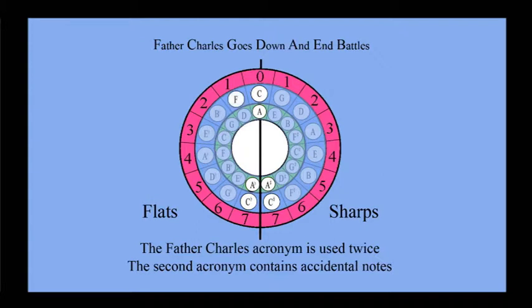Starting at the top of our diagram, we can now enter F to the left of C. So we now have F and C, Father Charles. So the next letter we require travelling in a clockwise direction is G, then D, then A, then E, then B. This completes the first acronym. The next acronym must contain accidental notes.